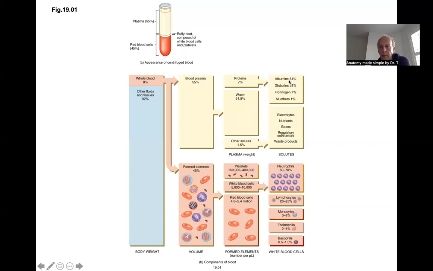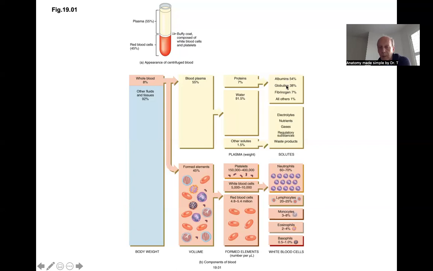Albumins appear to be the most abundant, globulins in the middle, fibrinogen practically the least frequently encountered type of protein, and other proteins that account for just 1%. All of them are synthesized within the liver. All of them are released into the bloodstream from the liver, and they do have somewhat different functions.